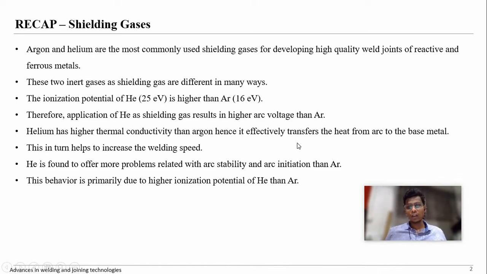Obviously, if the thermal conductivity of a given shielding gas is more than the other, effective heat transfer from the arc to the base plate happens. So if I use helium shielding gas, we can use it for higher welding speeds. So that's there.